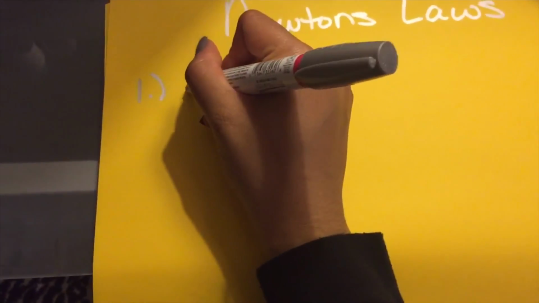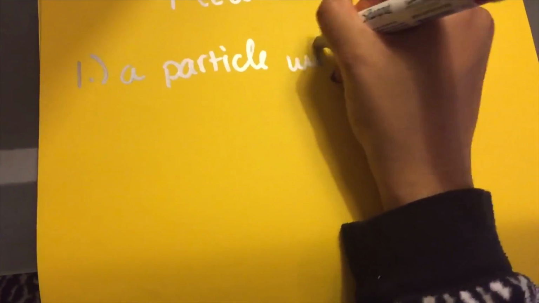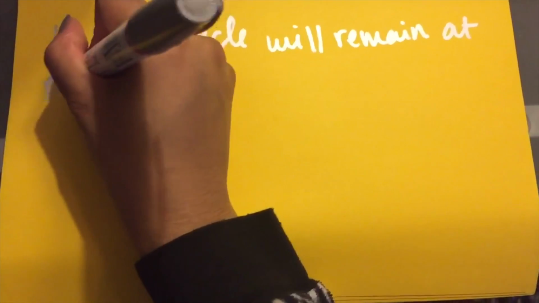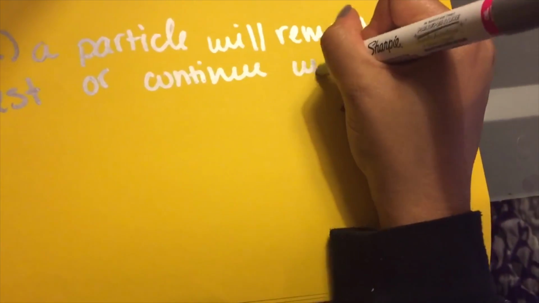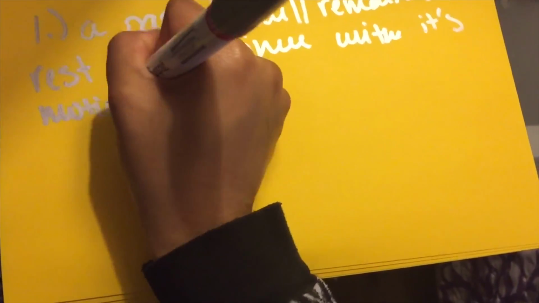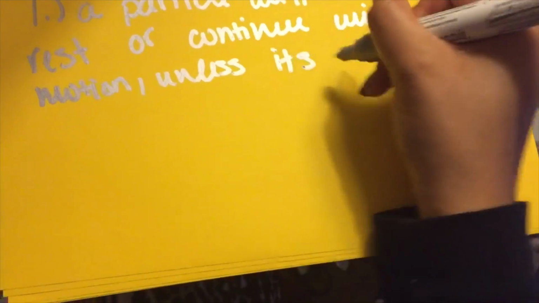So with dynamics, we have Newton's laws. The first one is a particle will remain at rest or continue with its motion unless it's been acted upon by an outside force.